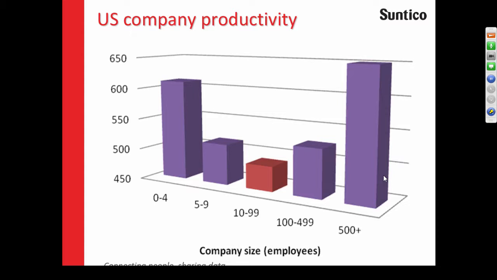What I've done here is plot US company productivity against company size. By productivity, I mean the revenue per dollar spent on payroll. As a company grows beyond very small, intuitively you would know this, people end up with this overhead burden of figuring out what's going on across the business. You end up having lots of meetings, and meetings about meetings, and meetings to track what each other are doing.